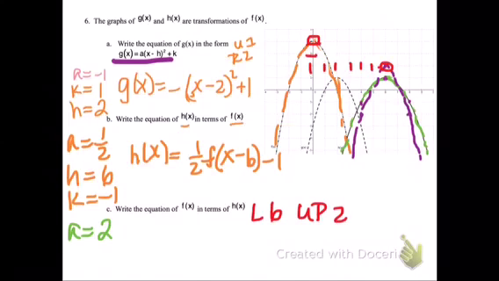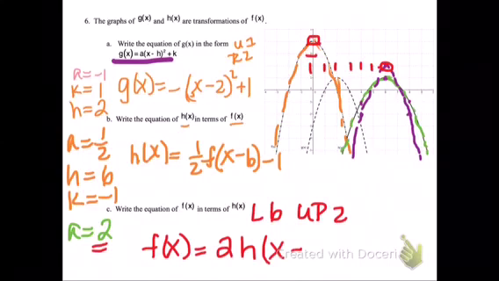Okay. So then I know f of x equals 2 because of my a value, h of x plus 6, because I went to the left and it's always the opposite, plus 2, because I went up 2. That's a plus.